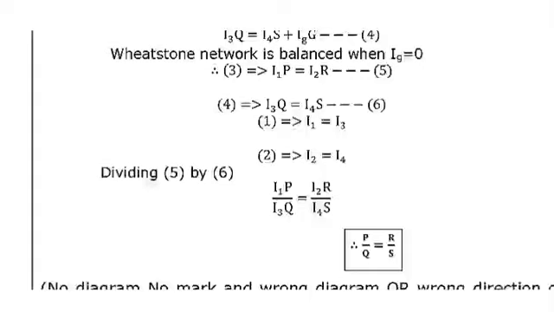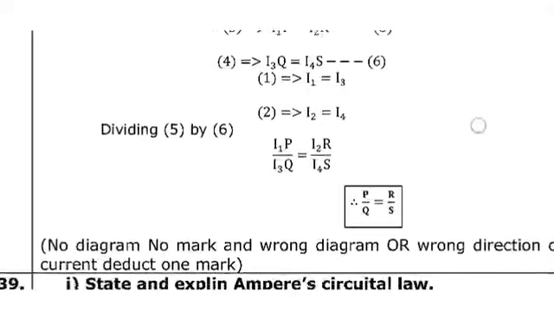Dividing equation 5 by 6, I1P by I3Q is equal to I2R by I4S. Since I1 is equal to I3, I1 gets cancelled, and I2 is equal to I4, so I2 by I4 gets cancelled. So P by Q is equal to R by S.